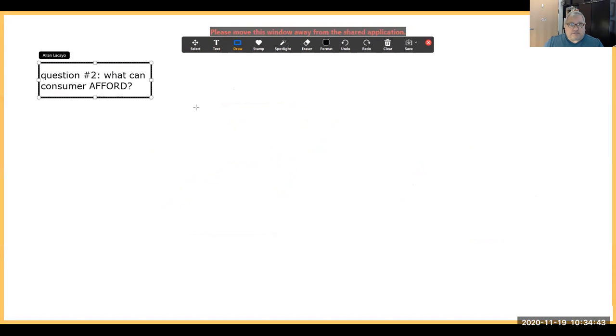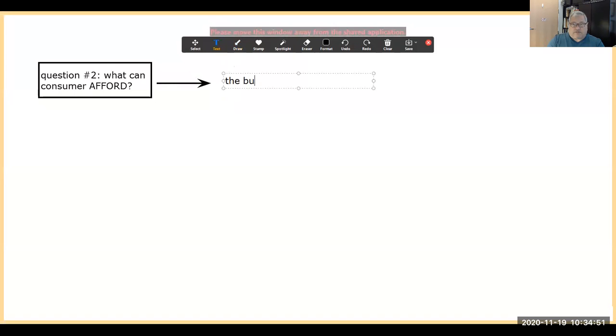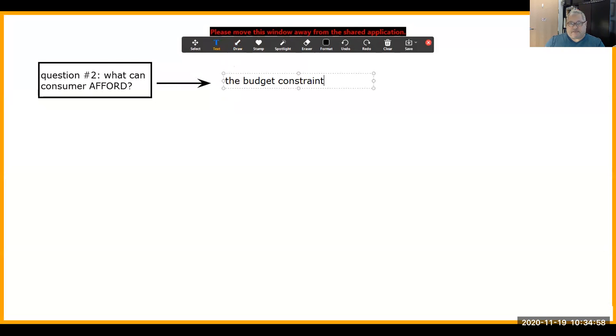And the answer to this second question is not utility, but something that we call the budget constraint. And it's referred to as a constraint because it is a depiction of scarcity, of what it is that we can versus cannot afford about the goods.